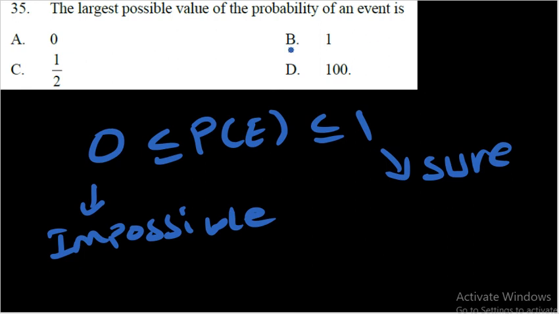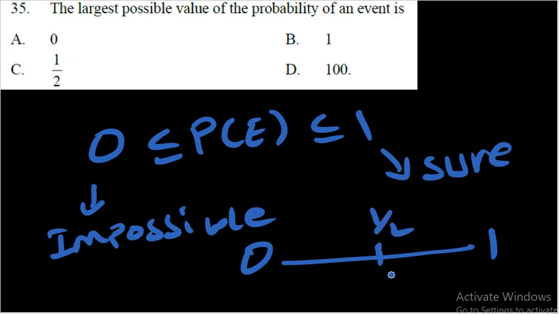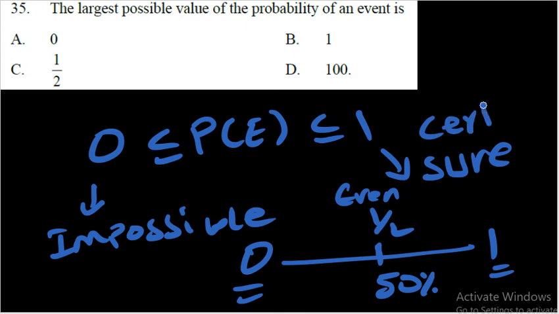On that probability scale between 0 and 1, there is half chance, 1 over 2 or 50%, or 0.5. That is even chance, we call it even chance. So this one is impossible, this one is a certain or sure event. So the largest possible one is just 1.